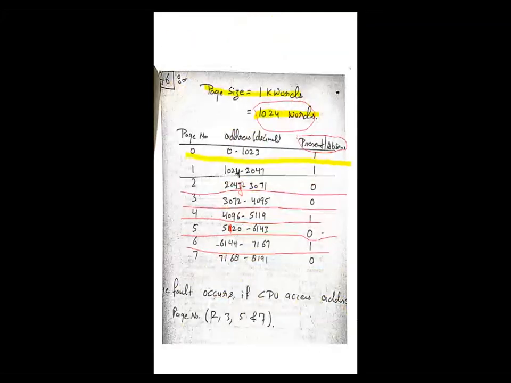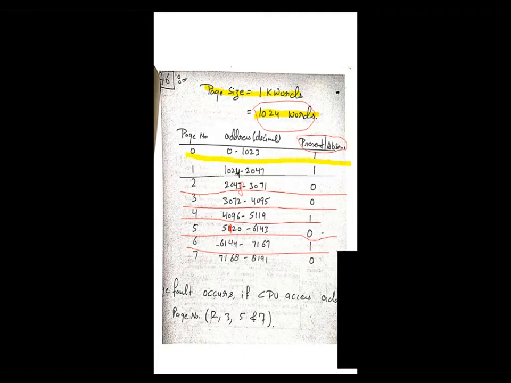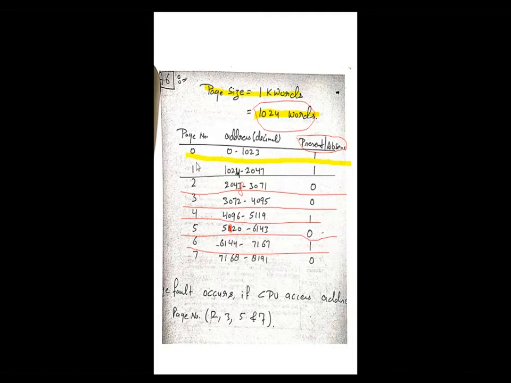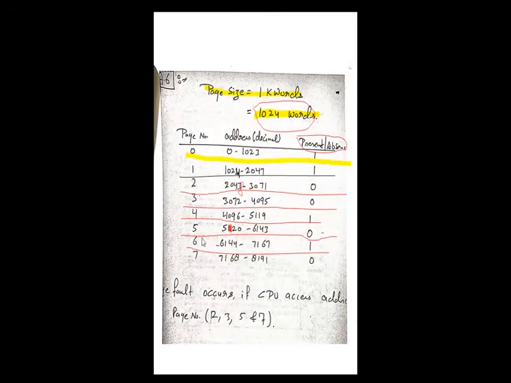So 0 is 1, 1 is also 1, 4 is also 1, 6 is also 1. Hope you are getting me. For these blocks 0, 1, 4, 6, I put 1, and for the remaining I put bit 0 because they are not present in main memory.